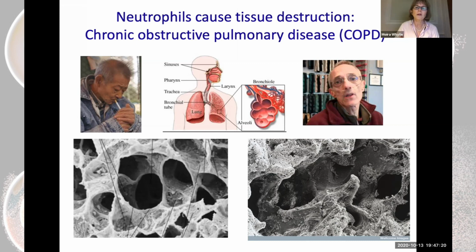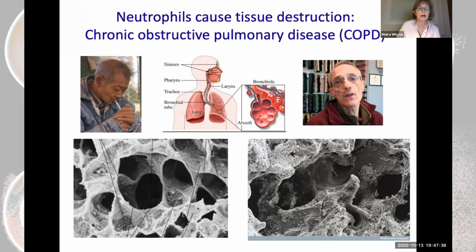The neutrophil and the enzymes that it produces are a major cause of that lung destruction in COPD in the context of inhaling tobacco smoke or other inhaled particles.